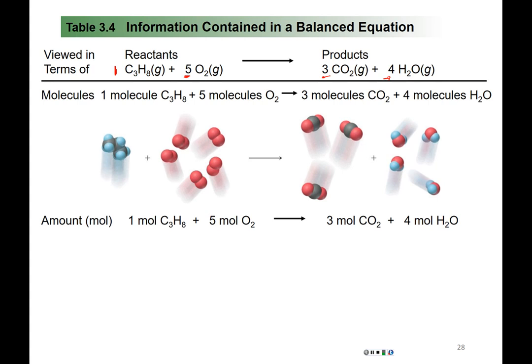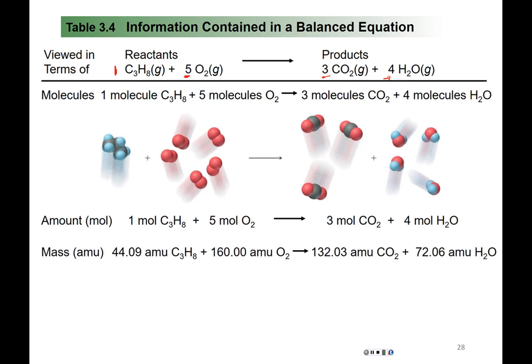If you did that to all of these, all 4 compounds in this chemical equation, you're going to get the same exact ratio, right? You can also do this in terms of mass.